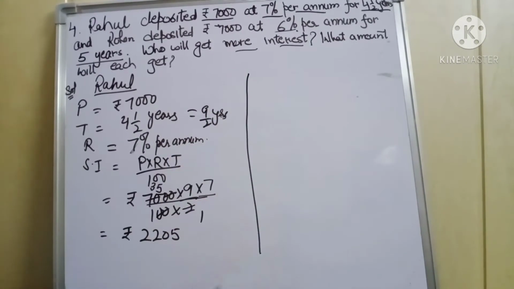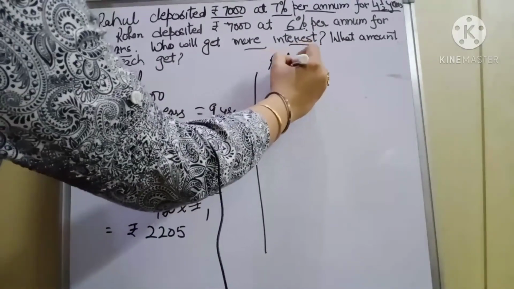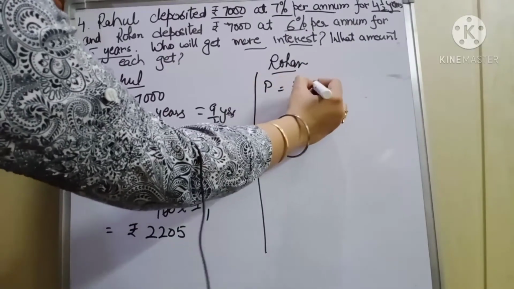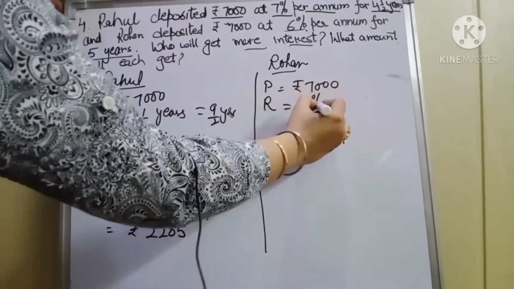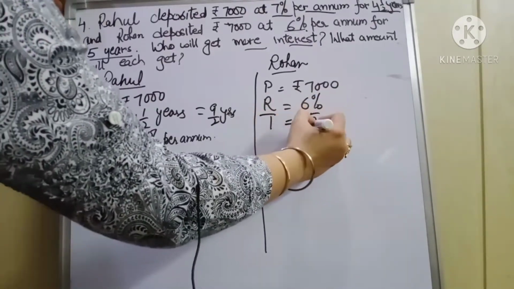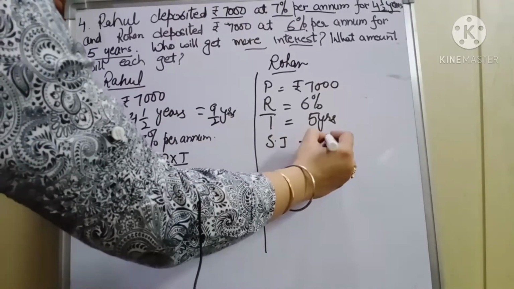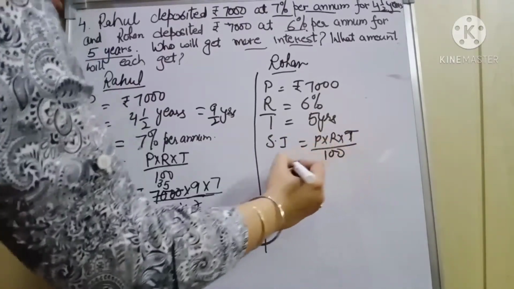Now we are going to find for Rohan. For Rohan the principal is the same, that is 7,000. Rate of interest 6%. Time period 5 years. Simple interest is P into R into T by 100.